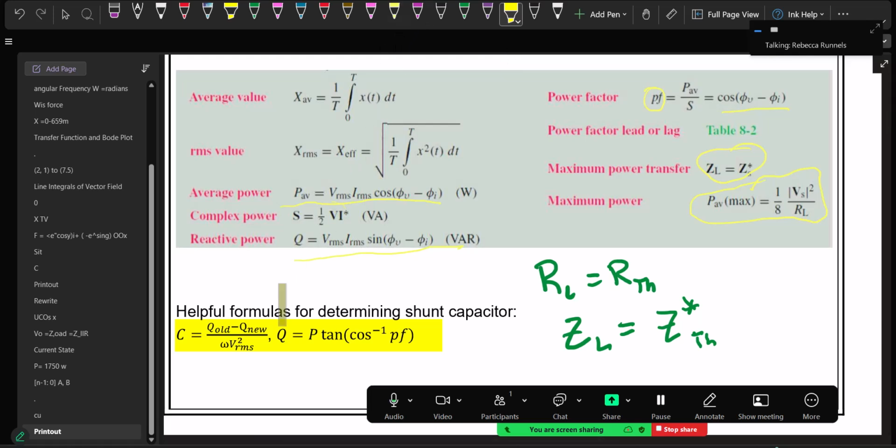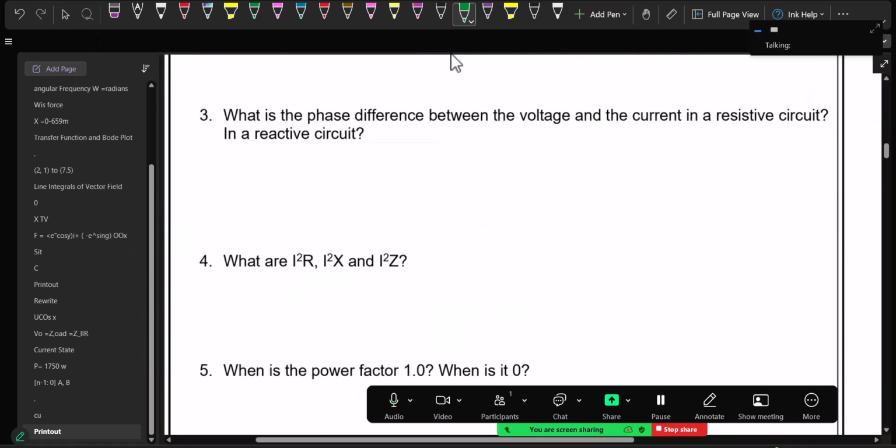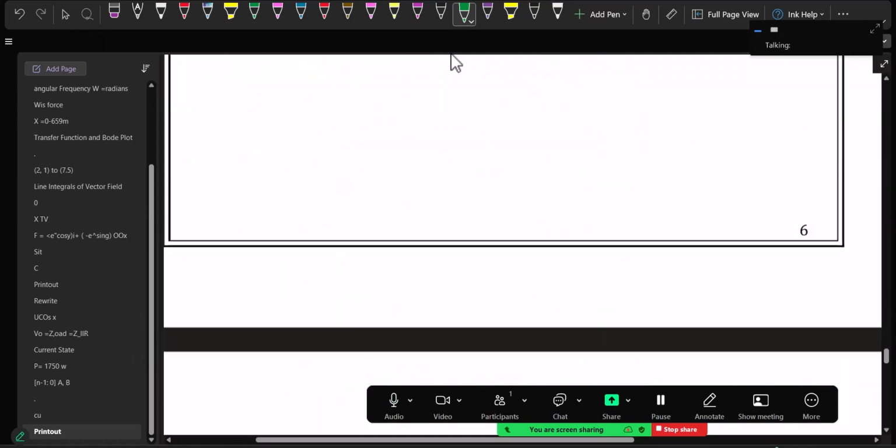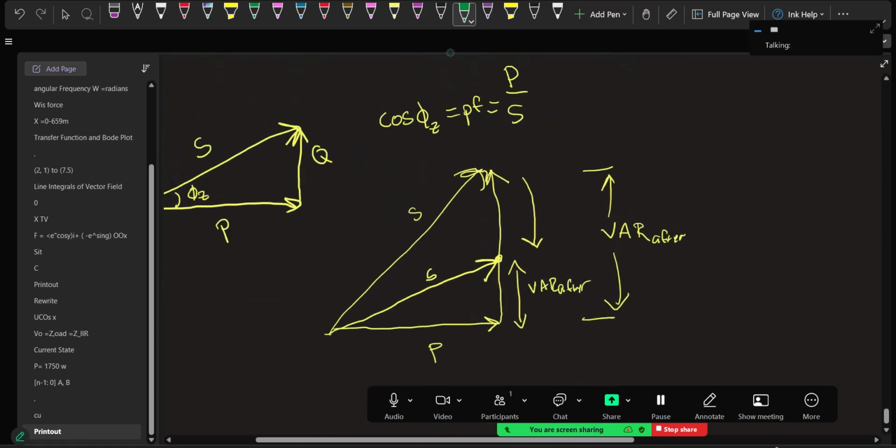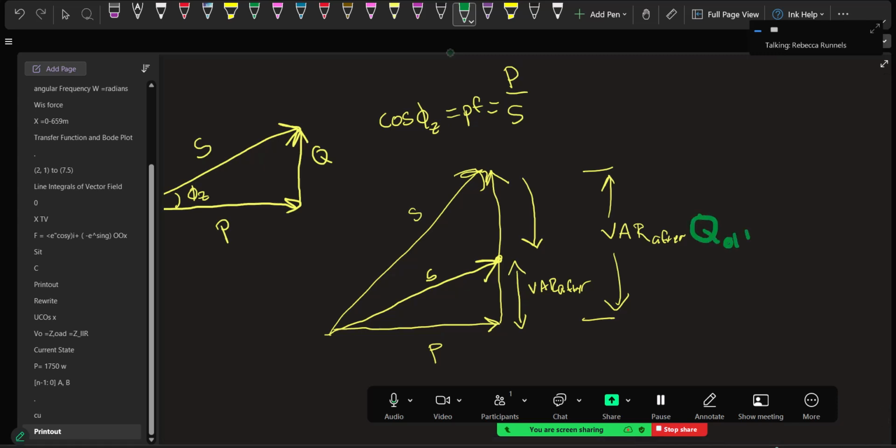And so the value of the capacitance is going to be, if you look at that triangle that I drew, this is Q old, and this is Q new.